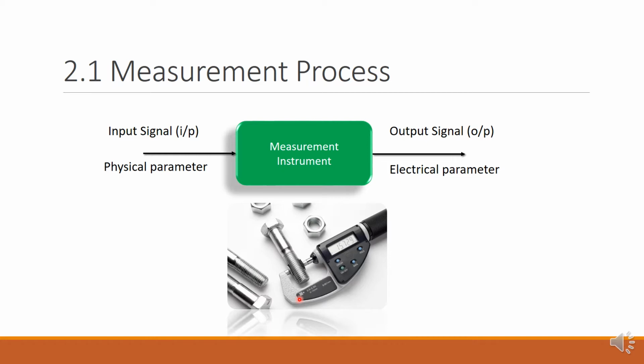It involves all information, equipment, instruments, and operations related to measurement. The input is the physical parameter measured by the instrument, and then we get meaningful numbers, which we call output signals, usually in electrical parameters.